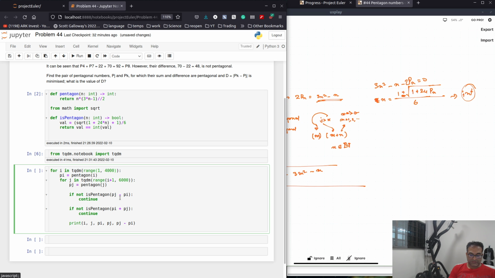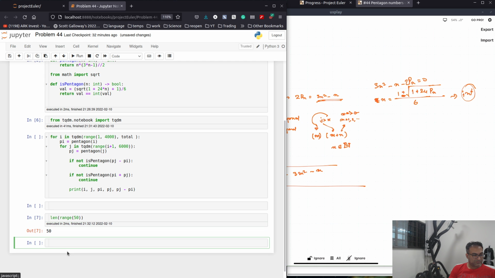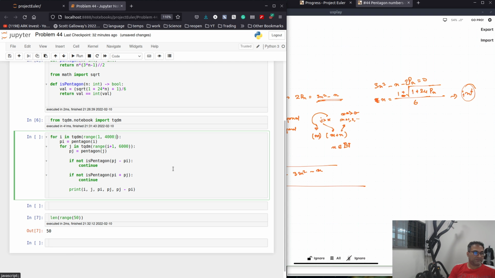I will put total. It doesn't have a length, oh, this does have a length, so I don't have to worry about putting a total.